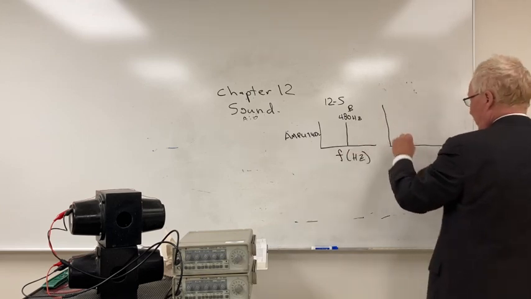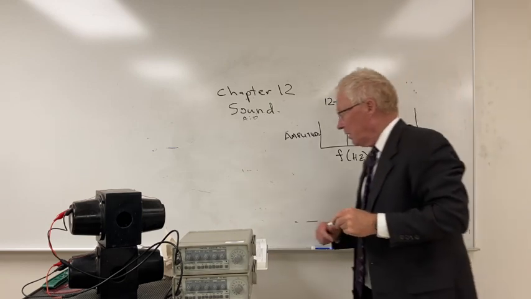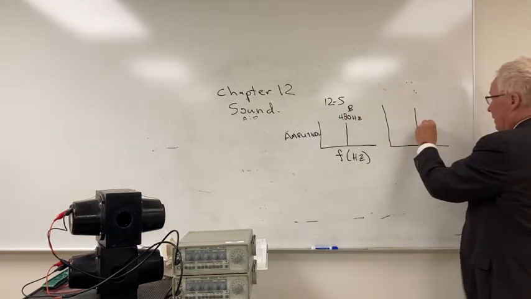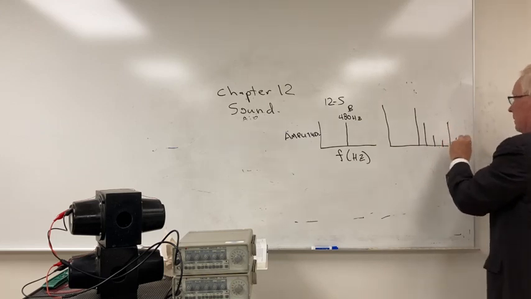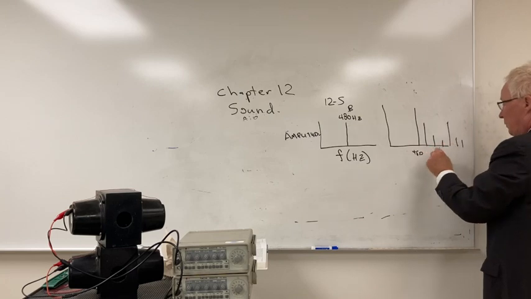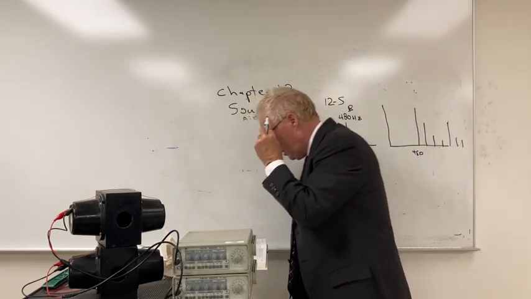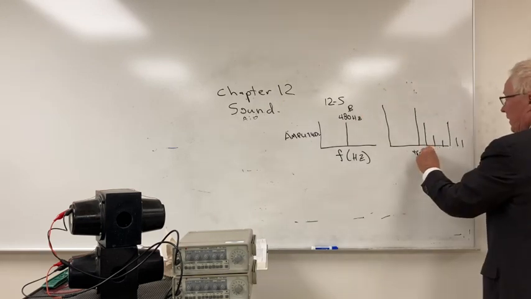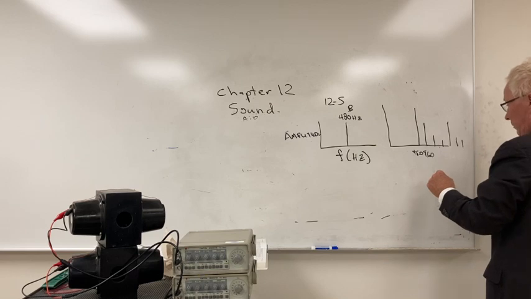So if this is 480, you're also going to get other harmonics. All these are multiples of the base frequency. So this would be 960. This would be 3 times that, which would be what?